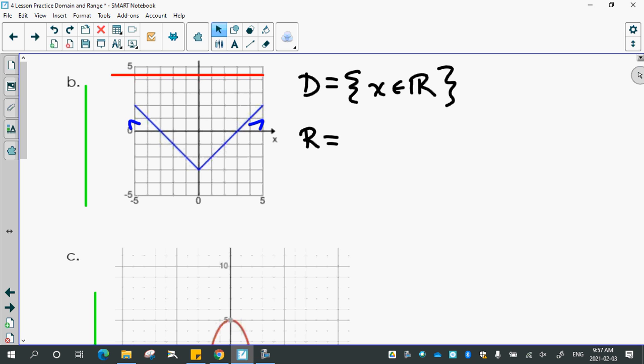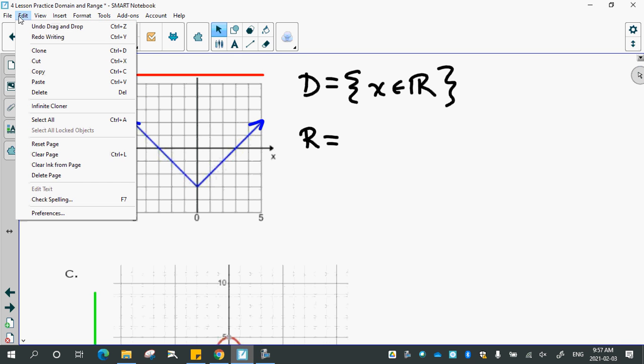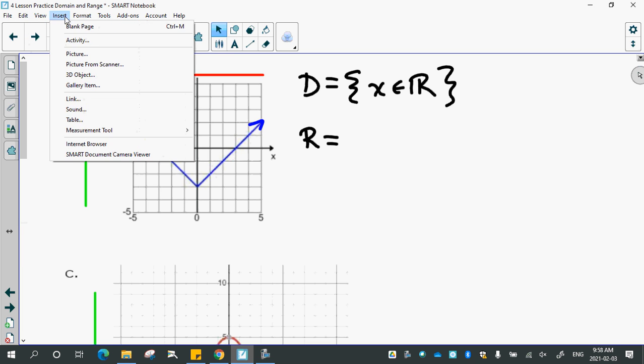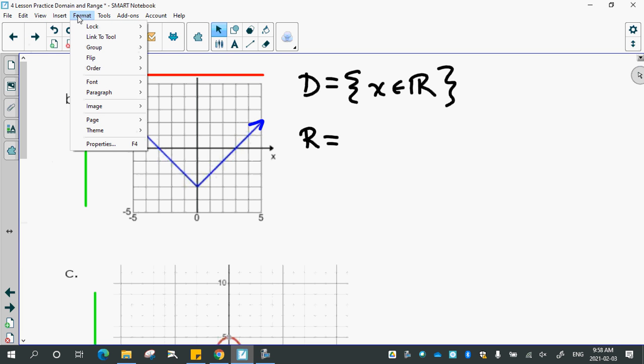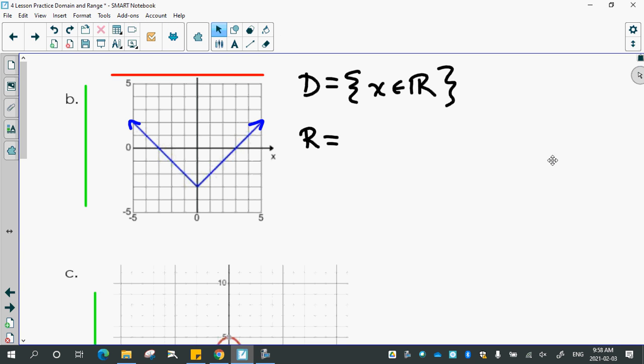Okay, I'm just going to fix this so that the arrows are in the right spots. All right, so how do I say that again?